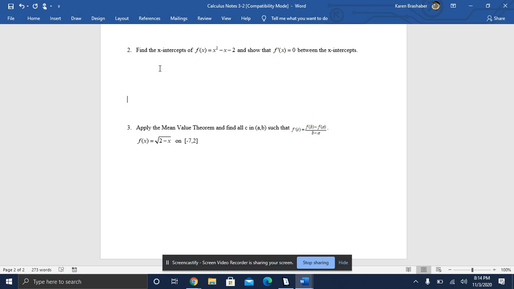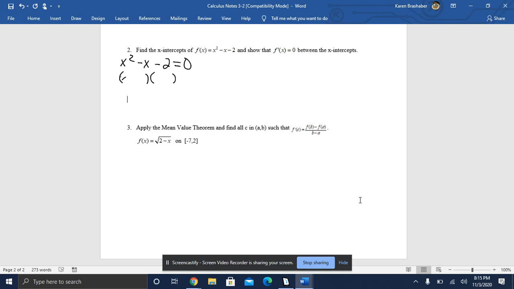So finding the x-intercepts, we'll set the original problem x squared minus x minus 2 equal to 0. And you can split the middle or just do some guessing and checking to factor this.